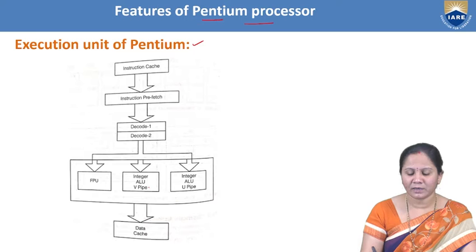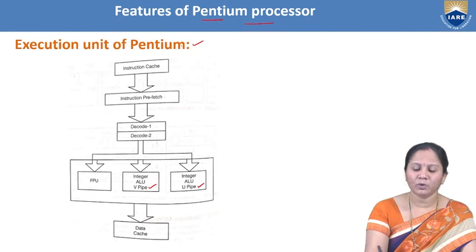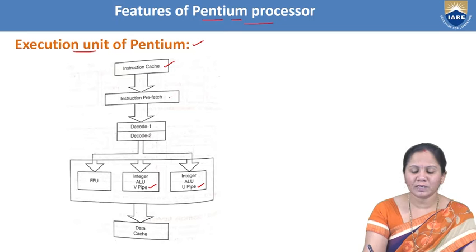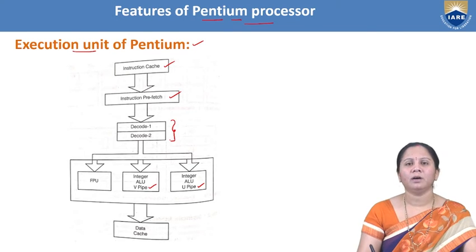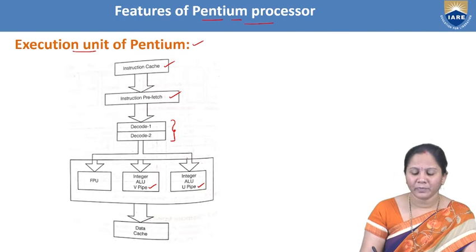As we know, the additional unit available in the architecture of the Pentium processor is the cache unit, which consists of the instruction cache, then instruction prefetch, and 2 decoders, which come under the decoding unit.